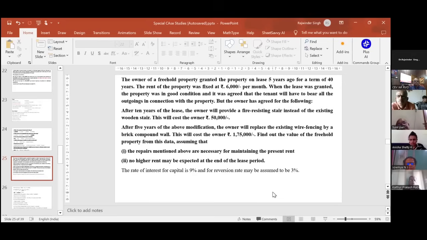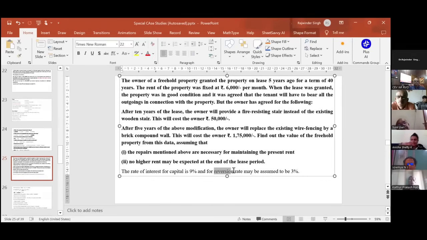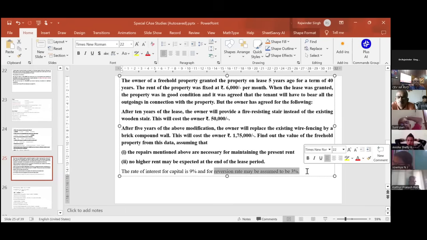See in the question. This is not the redemption rate. This is the reversion rate. For deferment, you may use 3%. So please read the question.